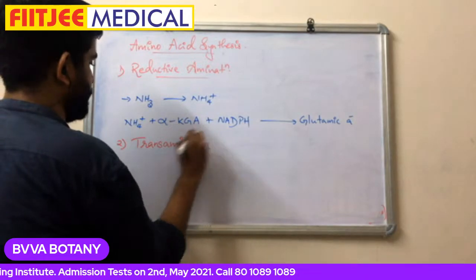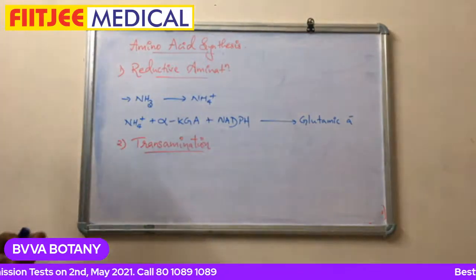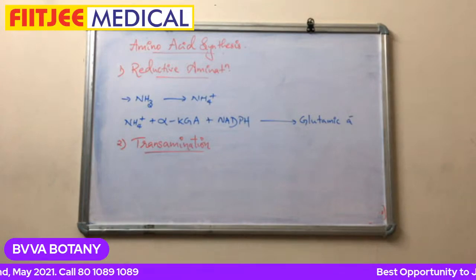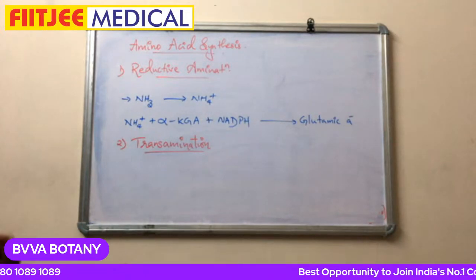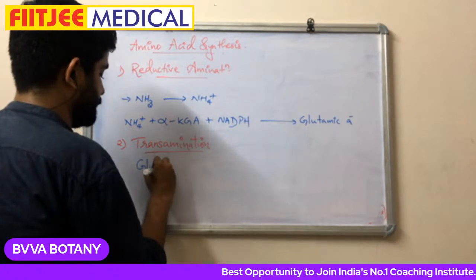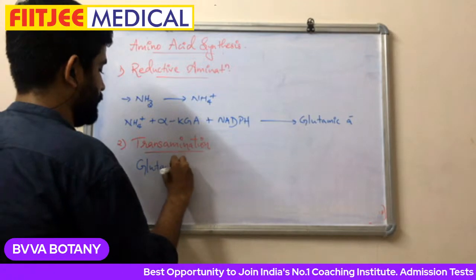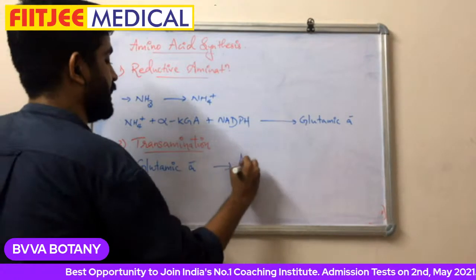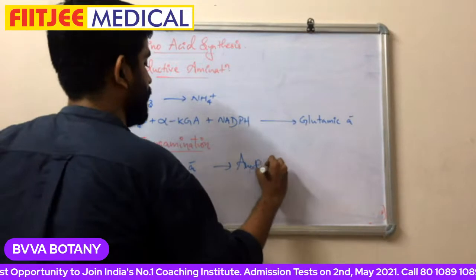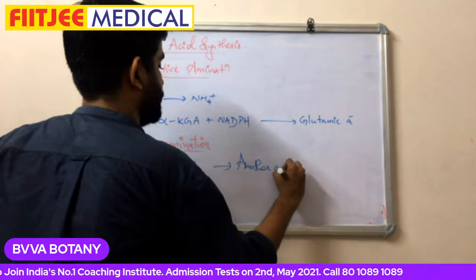In transamination, glutamic acid, through a series of reactions, can form some other amino acids.